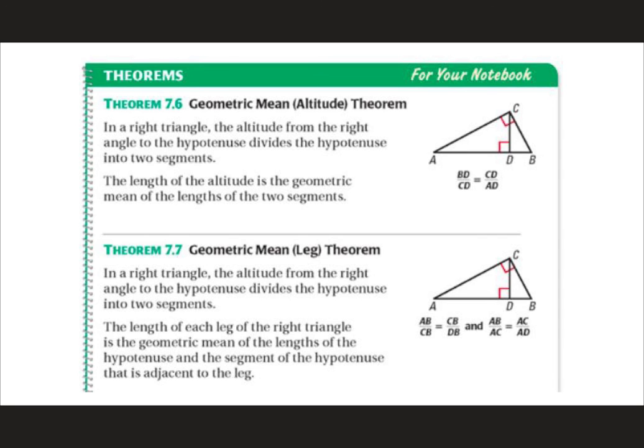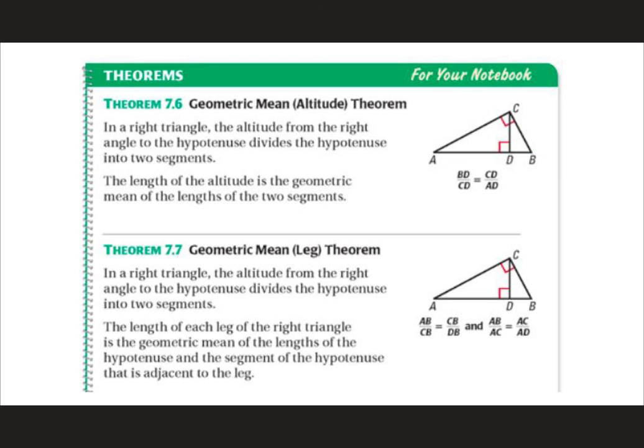Okay, these are two of the common ways that we see the geometric mean. The first one we kind of already looked at. The short leg of the small triangle over the altitude is equal to the altitude over the, oh, sorry, I messed that up again.